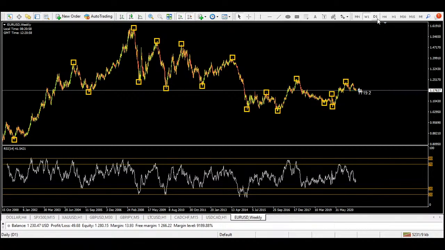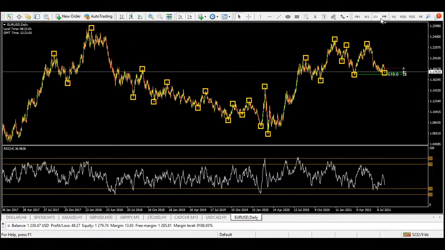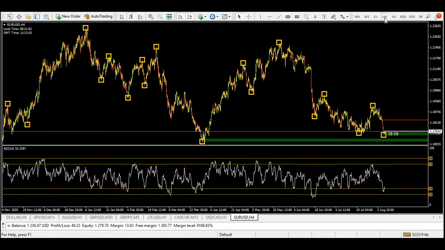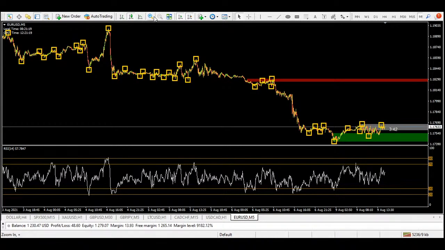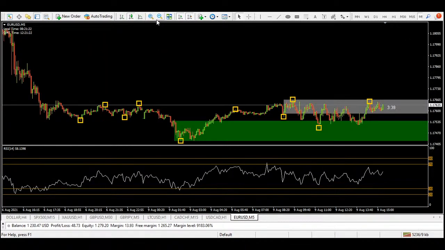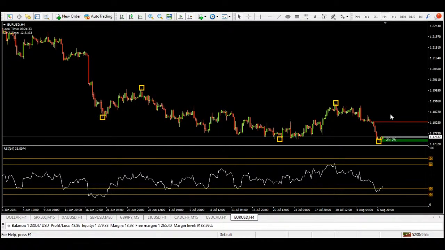A little higher. So we're probably gonna get that push up for a higher low. Looking for a higher low.